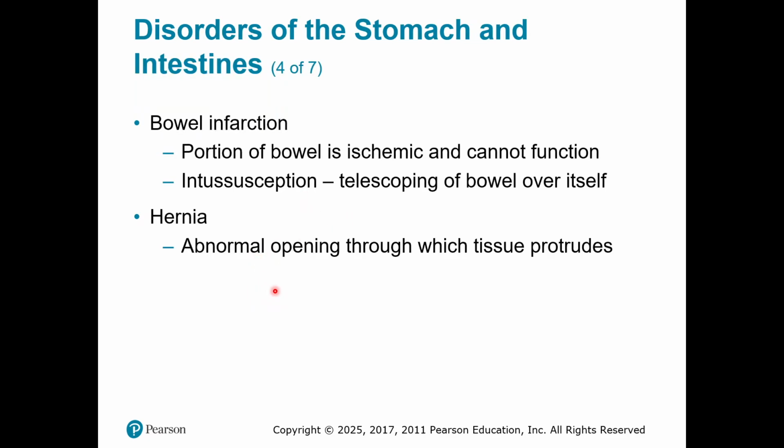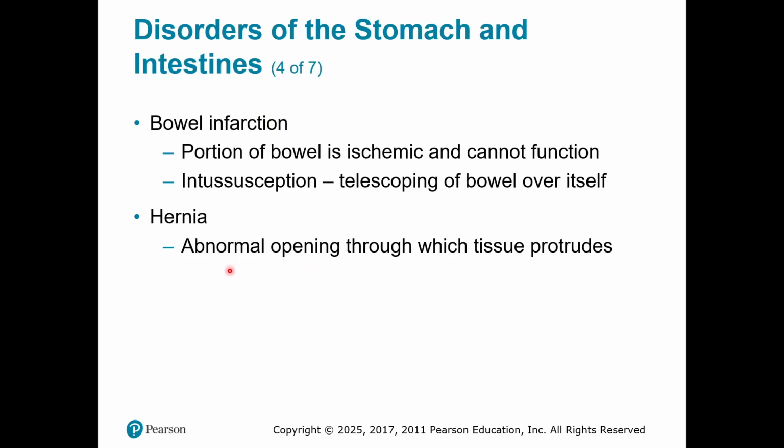Hernia. A hernia is known as an abnormal opening through which tissue protrudes. They're very common, really. Most hernias don't need to be repaired, but if that opening is allowing the intestines to come through, then think about muscles holding those in place. And sometimes those muscles, for whatever reason, open up and allow the intestine to pop through.